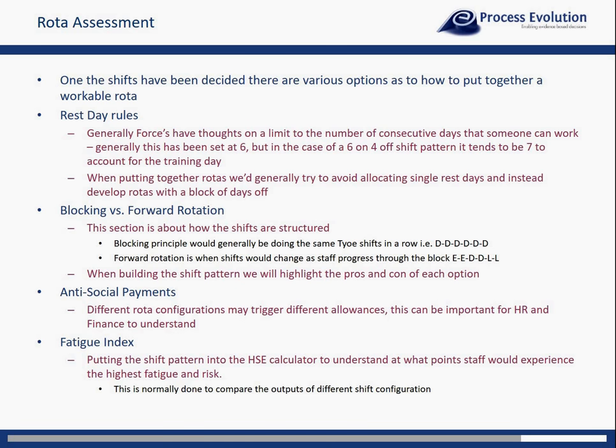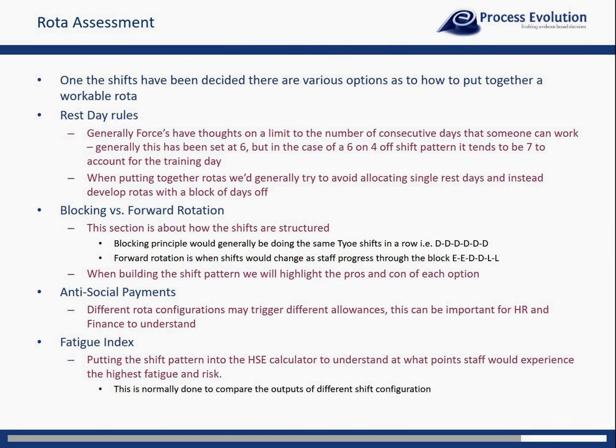Fatigue index, so fatigue is something I mentioned earlier, but putting the shift pattern into the Health and Safety Executive calculator to understand at what points staff would experience the highest level of fatigue and actually where this could potentially be an issue. So typically we'd see highest levels of fatigue when you work sort of 5 or 6 nights in a row.